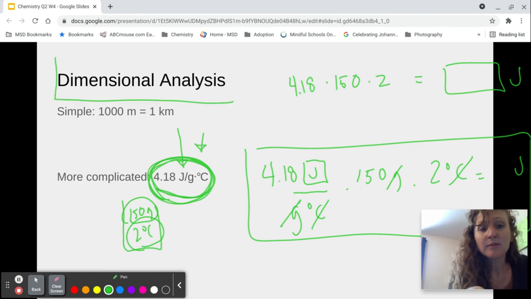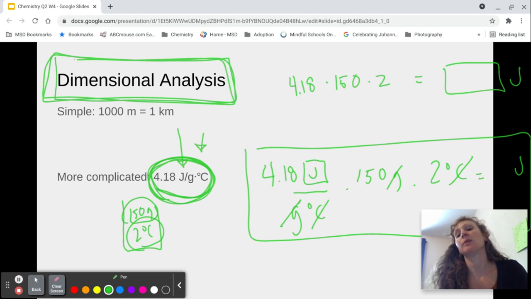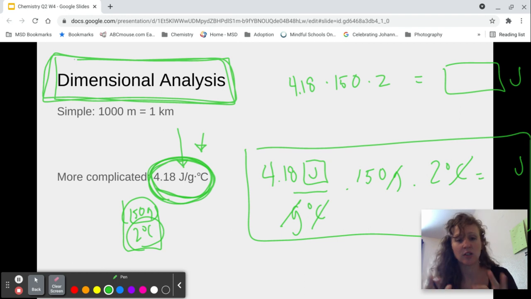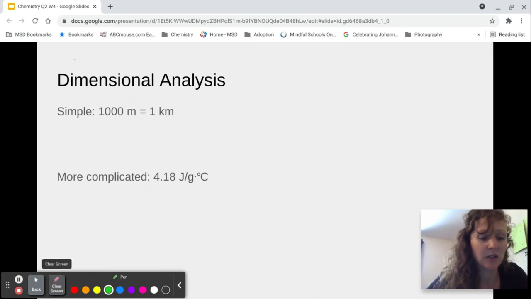But you must know the skill of dimensional analysis. Being able to deal with it in proportions is not enough. Being able to understand it conceptually is just not going to happen. A lot of times you have to set up the math and then the concept falls into place. It's a support, it's a strength, right? So that's why we're talking about this idea of dimensional analysis. So let's break it down just a little bit more.